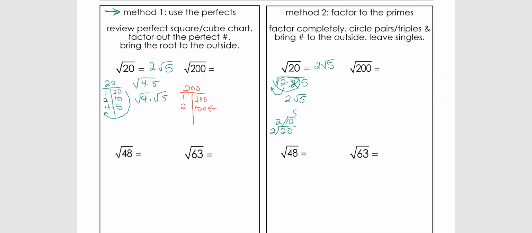So the square root of 200 is the square root of 2 times the square root of 100. The square root of 100 is 10, and square root of 2 stays the same. So it is plus or minus 10 square root of 2. And to be honest, this one should have been plus or minus as well, as should have that one.